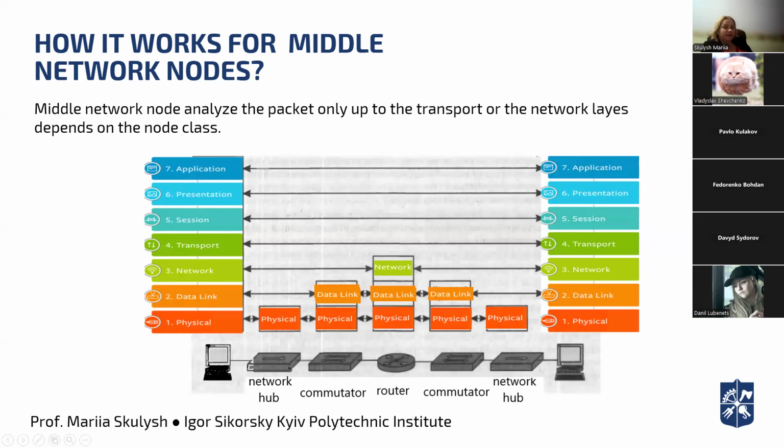And exactly on these routers, we can use computational resources, because, as I said, the physical layer and data link are just for transmission, physical processes.